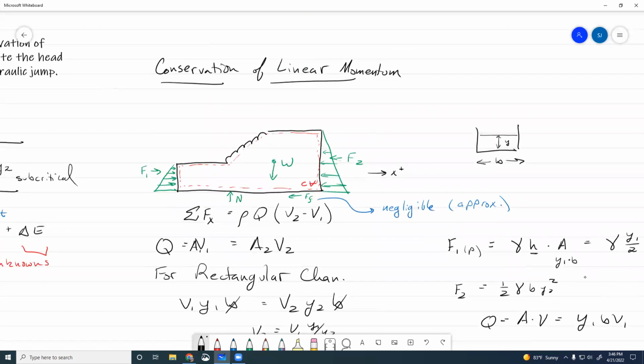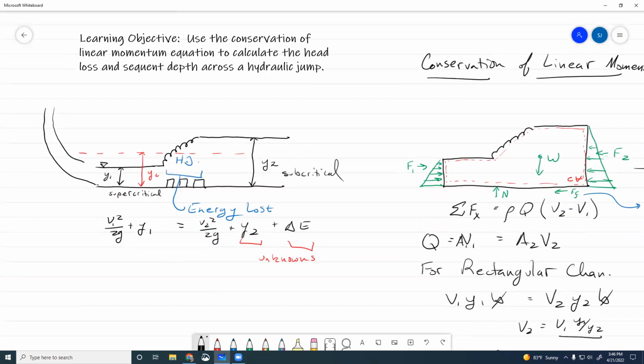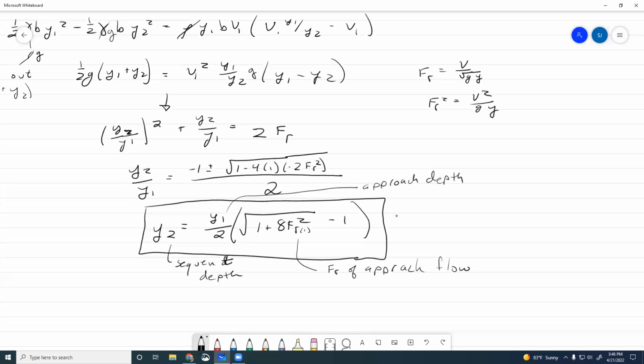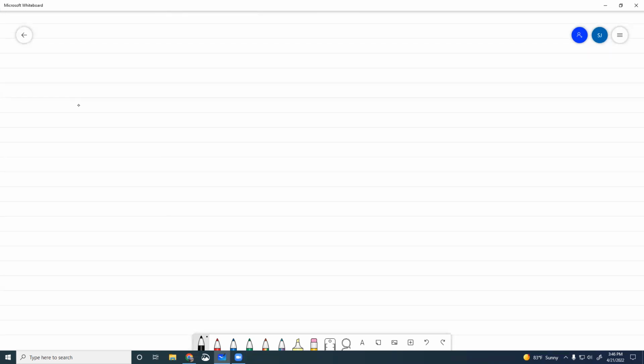And I'll just zoom back up here. So we're ultimately calculating y2, which is the depth downstream of the hydraulic jump. The last point I'll make is that once we know y2, we can use the energy equation to calculate the head loss or delta E across the hydraulic jump, if that's something of interest to us.